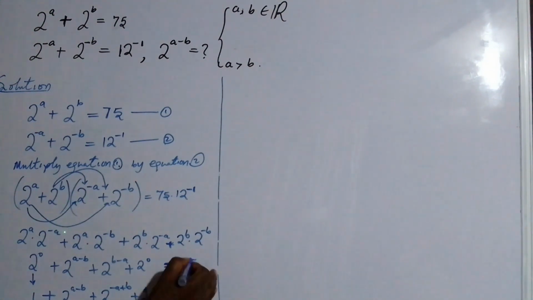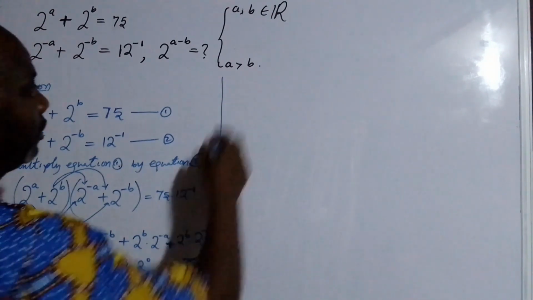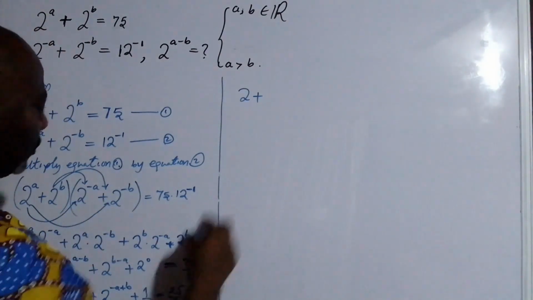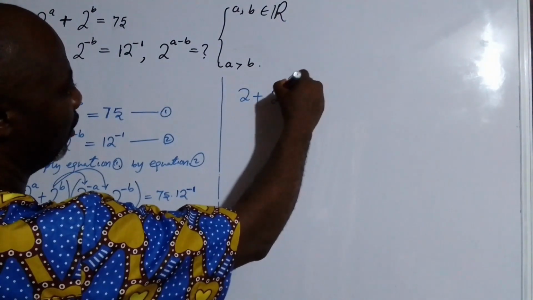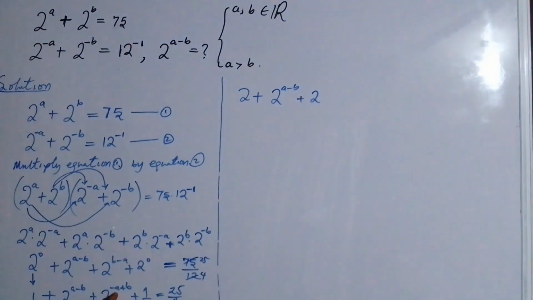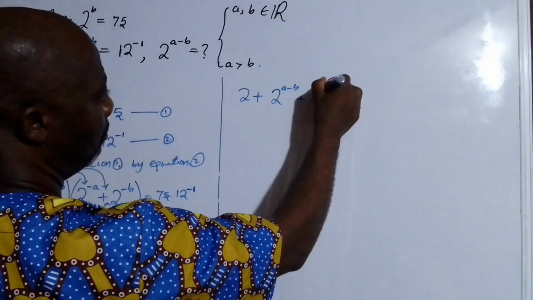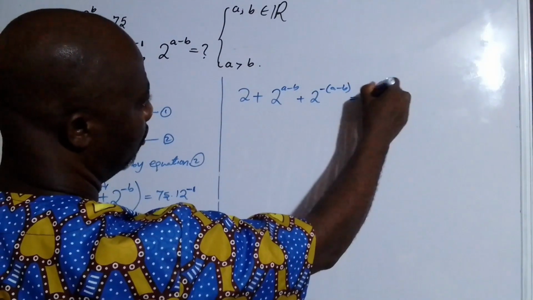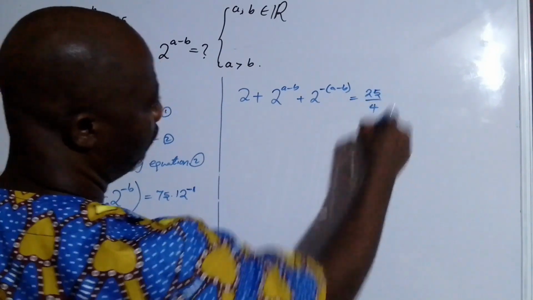Yes, because 75 divided by 3 is 25, 12 divided by 3 is 4. So 1 plus 1 will give 2, 2 plus 2^(a-b) plus 2^(-a-b)... I'm going to rewrite this as 2^(-(a-b)), equal to 25 over 4.